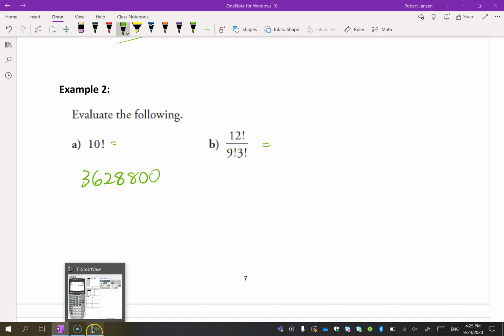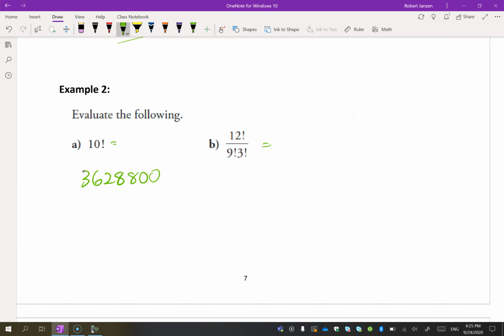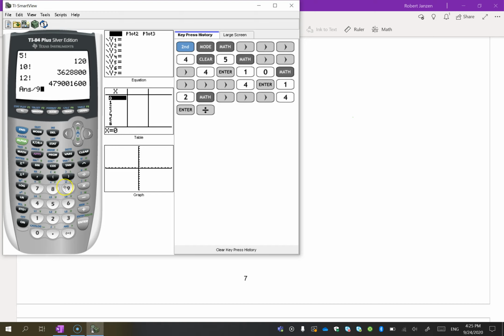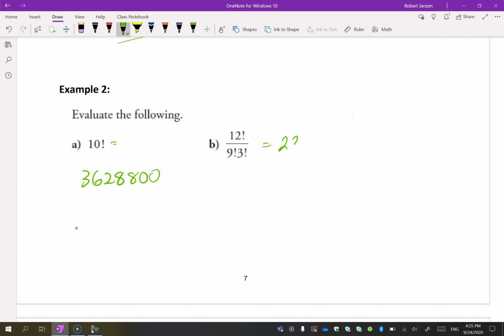We'll go 12 factorial divided by 9 factorial, 3 factorial. So we'll go 12 factorial, divided by 9 factorial, and now we want to also divide by 3 factorial. So 220.